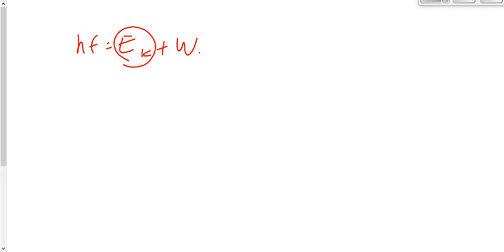If you got negative 3 for the kinetic energy, that means the electrons would not be ejected. You'd need 3 more in order to get electrons ejected. So if you get a negative value for EK, you know you're below the threshold frequency. Good?